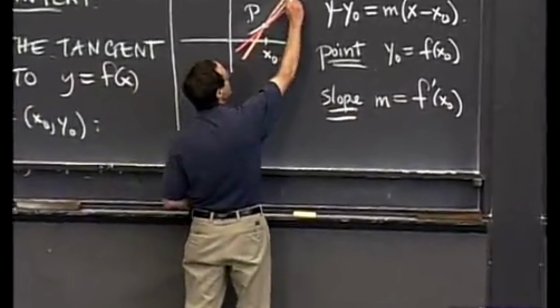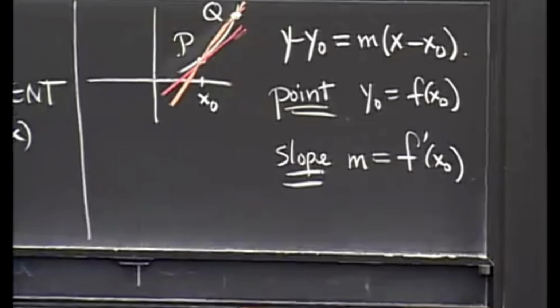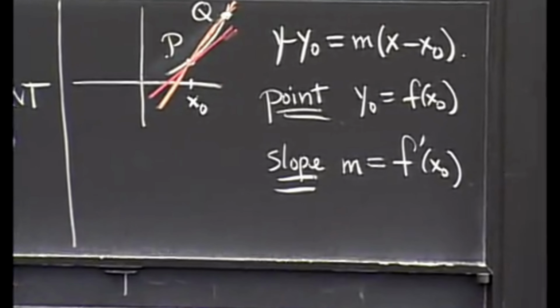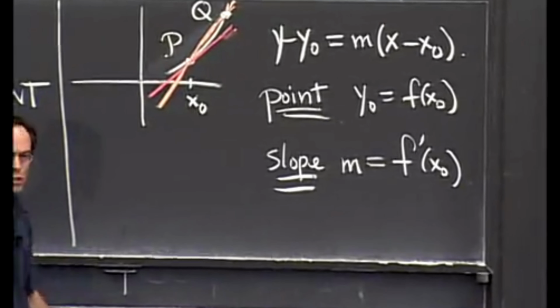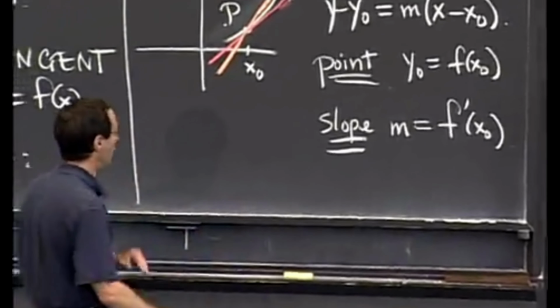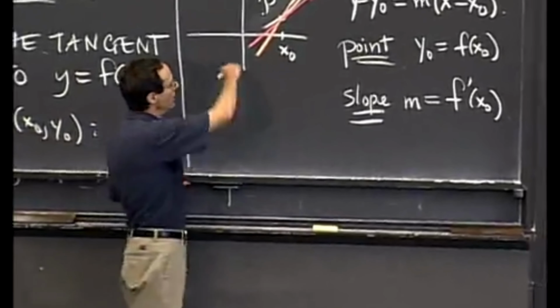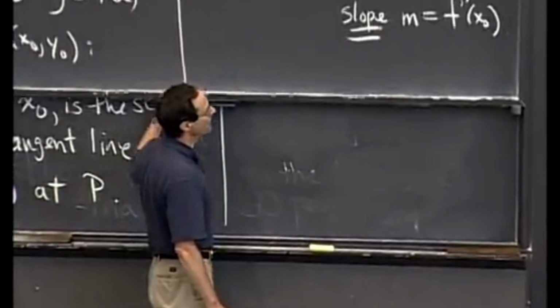This thing crosses at some other place, which is this point Q. But it's not really the fact that the thing crosses at two places, because the curve could be wiggly, and it could cross back and forth a number of times.